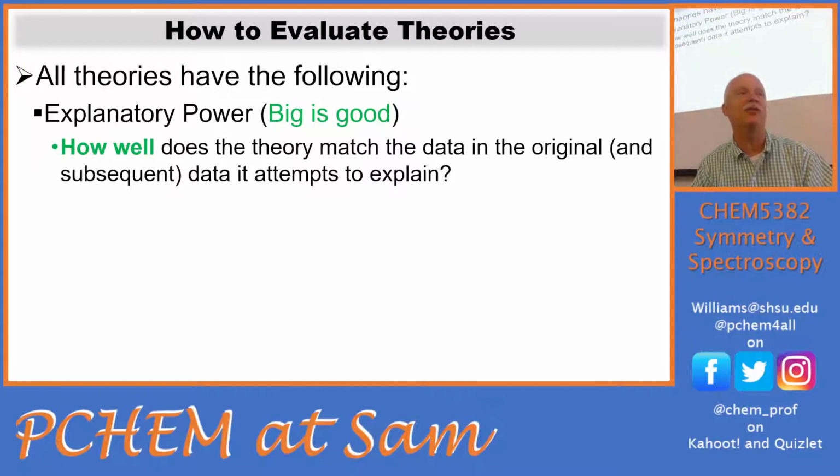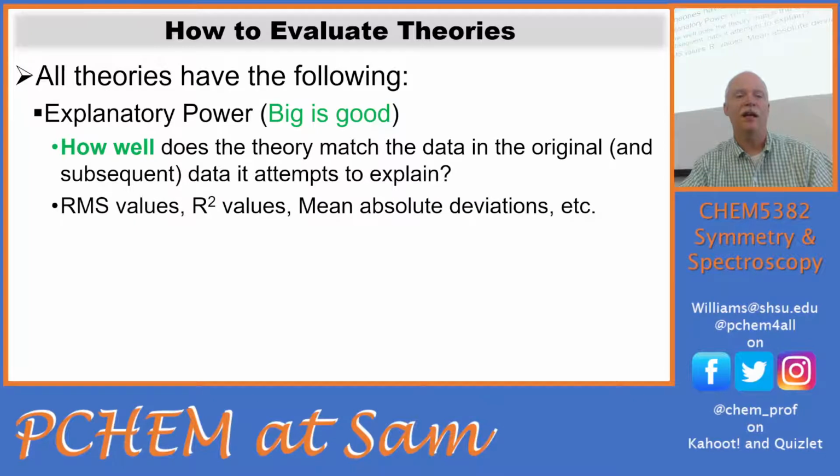One is called explanatory power. How well does the theory match the data? And these are the things that p-chemists love: R-squared values, RMS values, maximum deviations, and so on. So if we have low RMS values and good R-squareds, when we plot theory versus experiment and we get a line that goes through those, we say, well, we've got a really clean R-squared value.